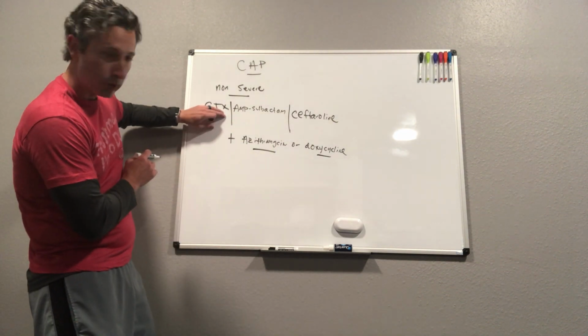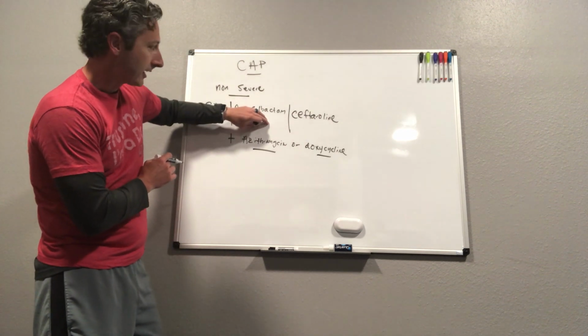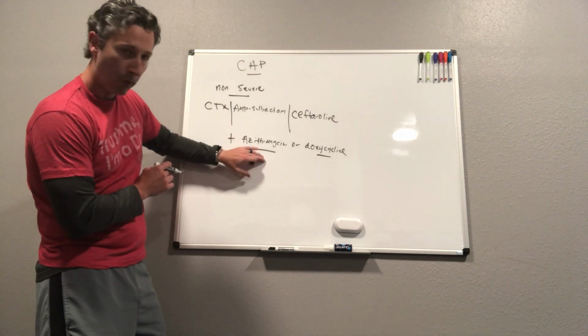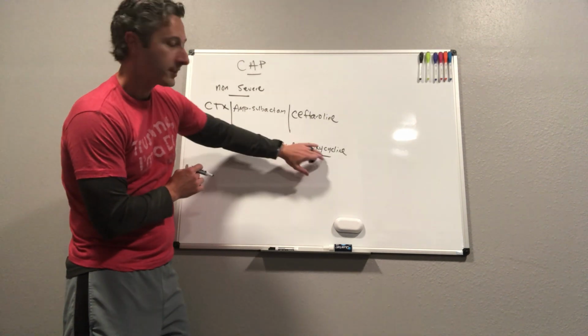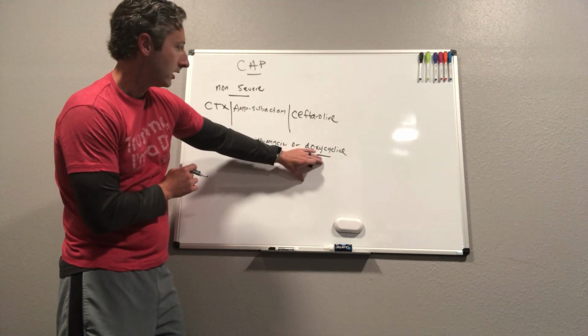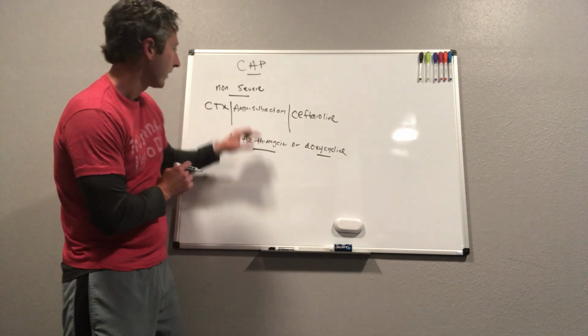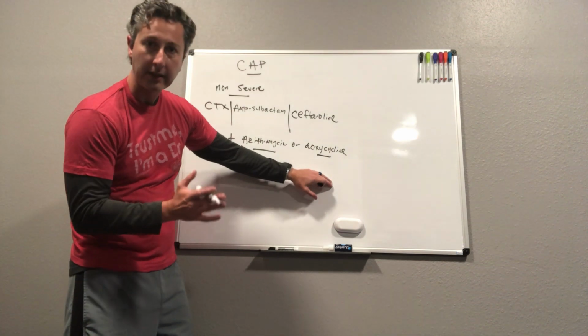So ceftriaxone, or ampicillin-sulbactam, or ceftaroline, plus azithromycin, or doxycycline, okay? So if I have a prolonged QT, I could do ceftriaxone plus doxycycline, or I could do ampicillin-sulbactam plus doxycycline, right?